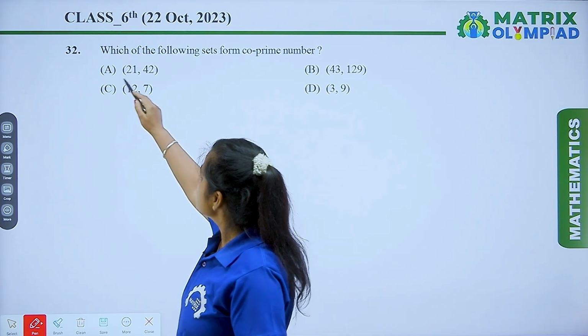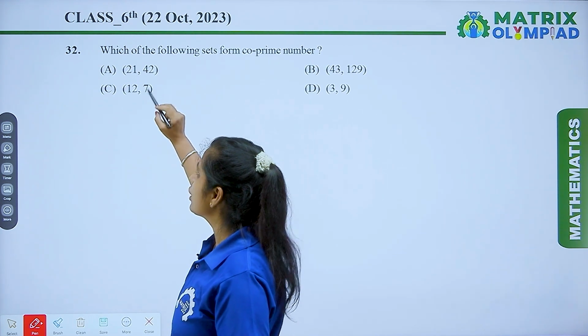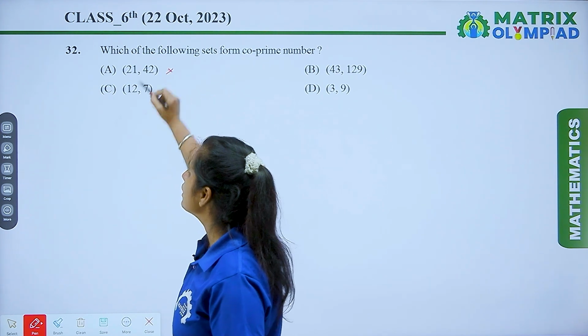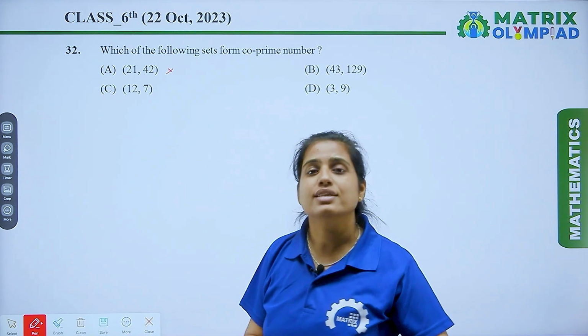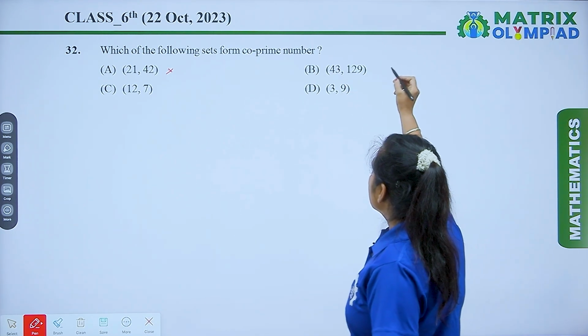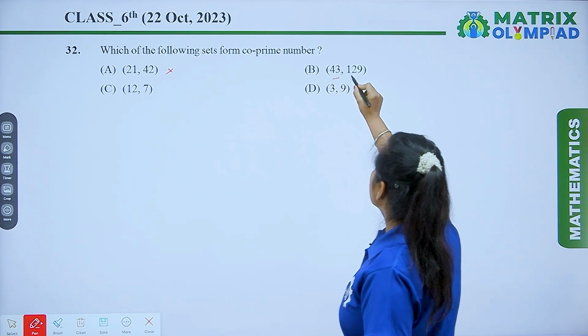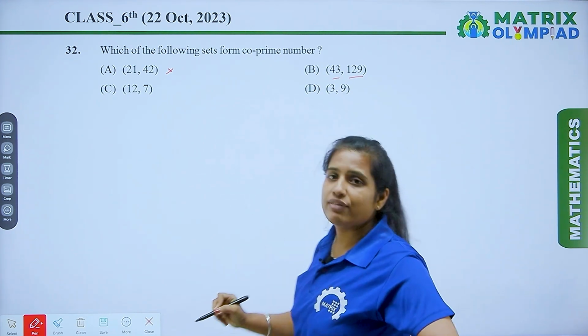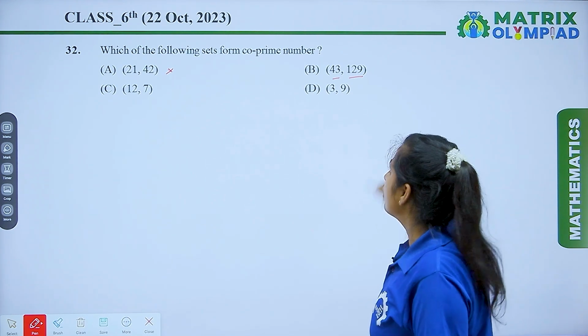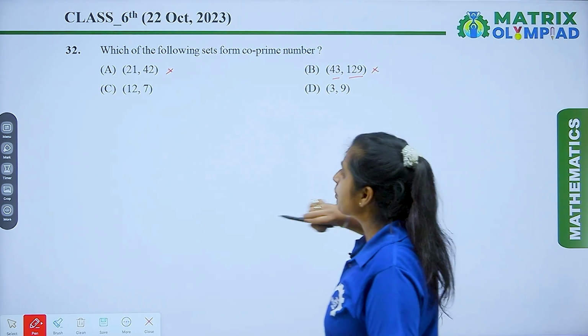Here the first one is 21 and 42. This is not a co-prime pair because 21 is another common factor here. In option B also, 43 and 129 have 43 as a common factor other than 1, so this is also not co-prime.